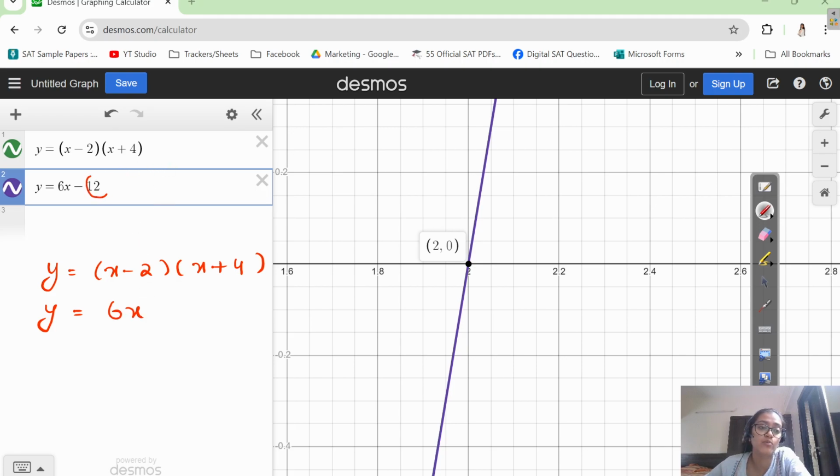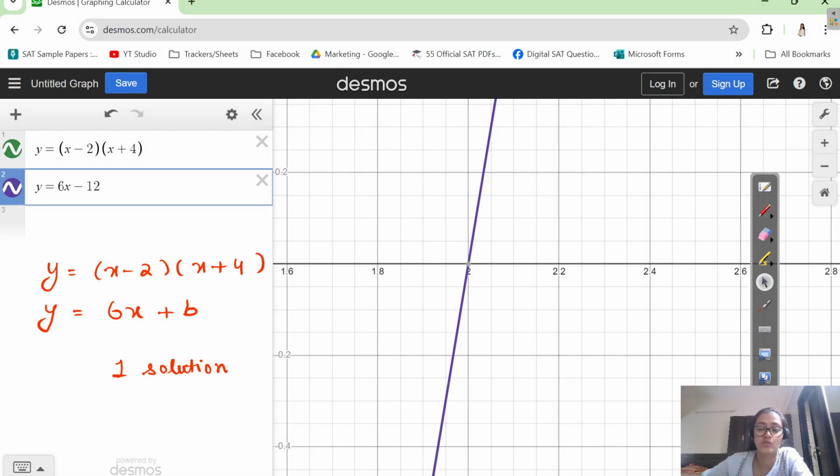For example, they remove this 12, so they'll give you 6x plus b, anything, and they tell you that this system has one solution. Then find the value of b.